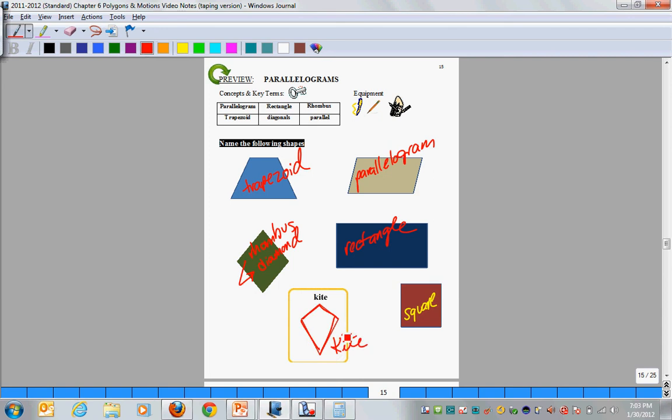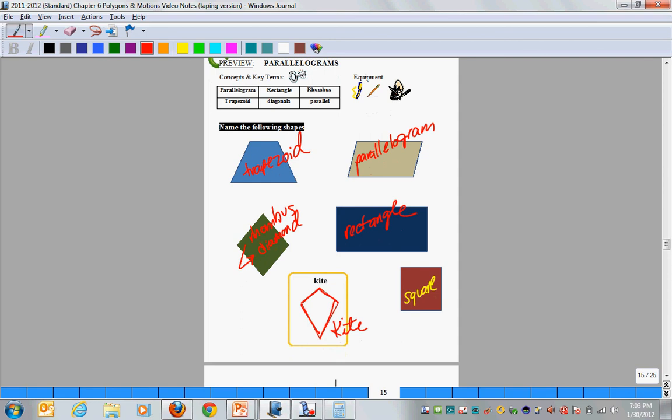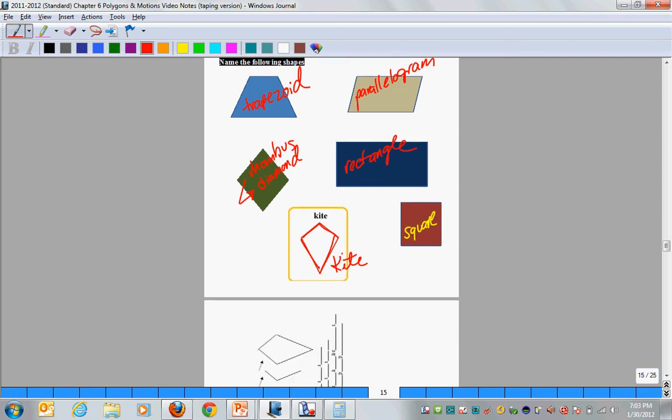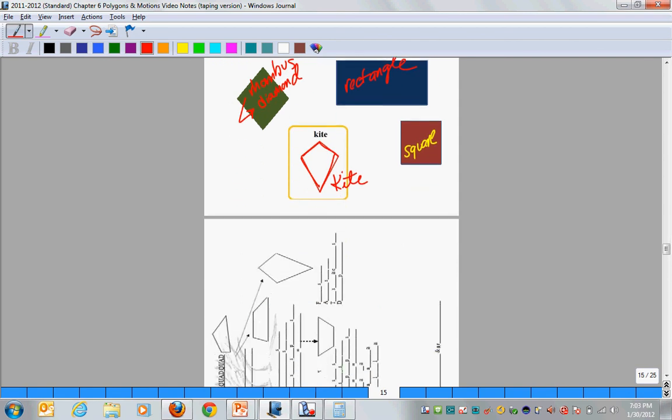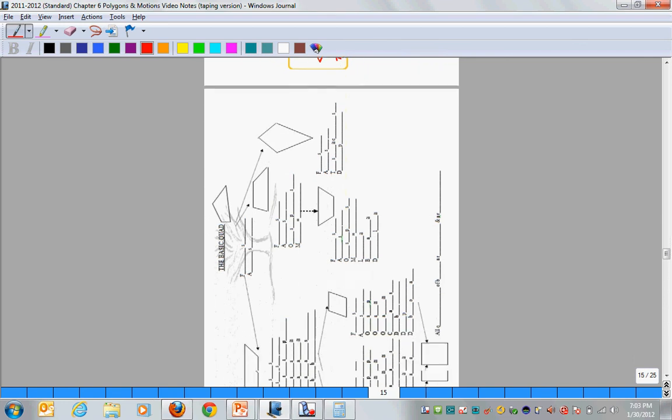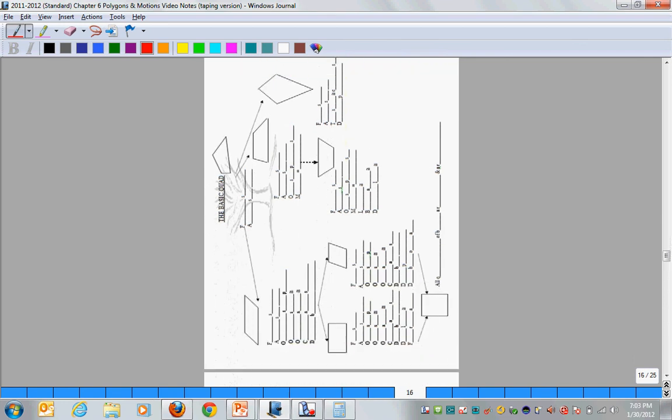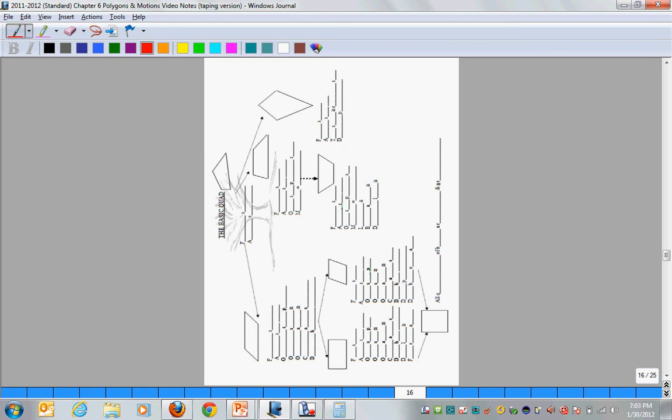I'll be more specific about what constitutes a kite shape in a later lesson. But these are what we would call part of the family of quads, also known as the quad family tree. We're going to be filling this page out for this lesson, so keep this page handy.